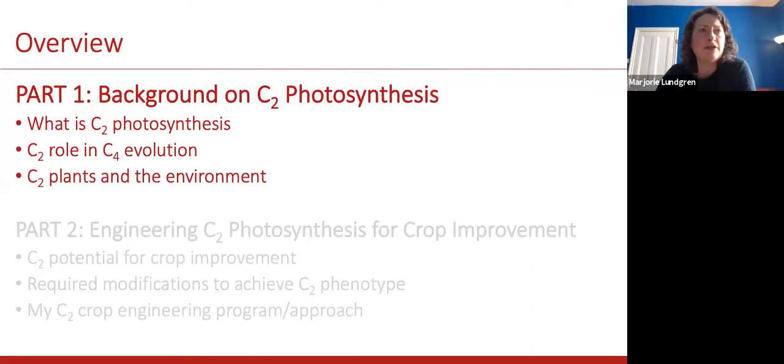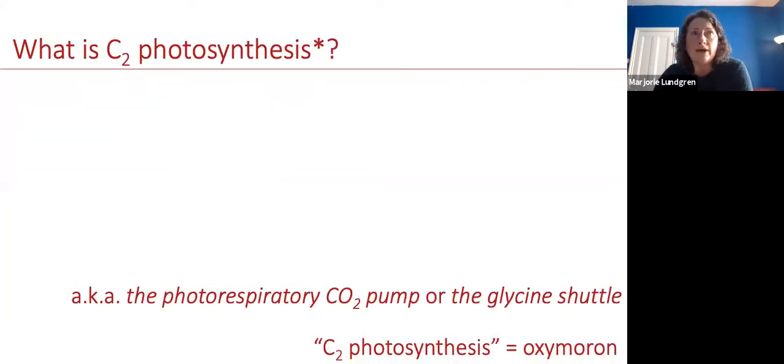Okay, so starting with part one, what is C2 photosynthesis? Before I get into that, I should highlight that it's also known as the photorespiratory CO2 pump or the glycine shuttle. I also like the fact that it's actually an oxymoron. Saying C2 photosynthesis is just like saying photorespiration photosynthesis, so it makes me chuckle every time.